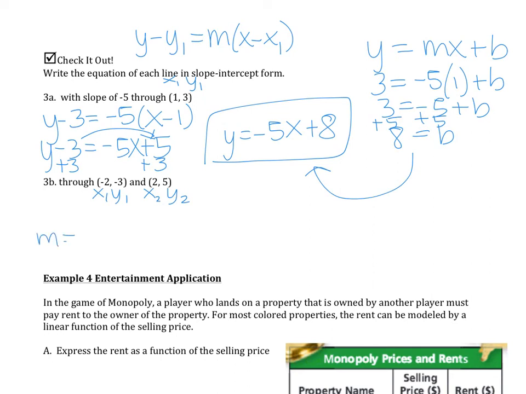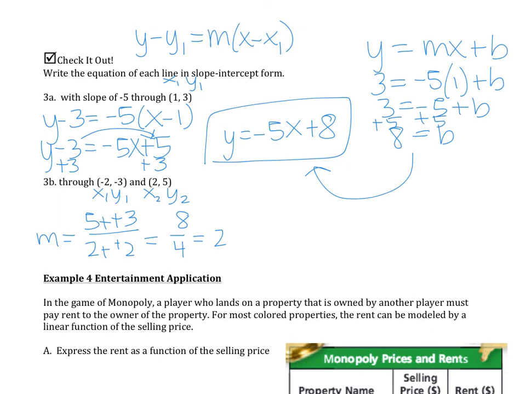Second one, you have to find slope first. And then it does not matter which point you use.